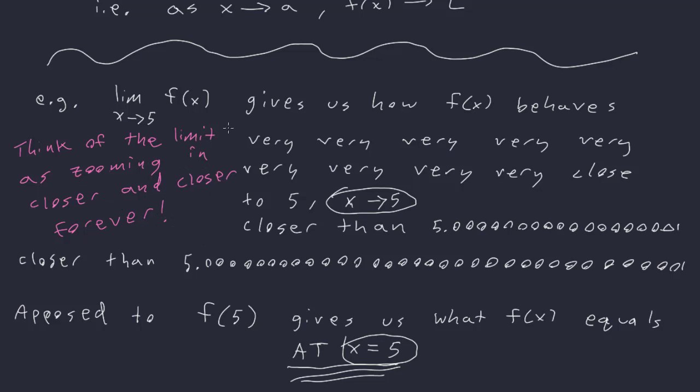All right, I think of the limit as zooming in closer and closer forever. Now, this may seem kind of odd because you can't physically zoom in forever. And that's what a lot of this module, a lot of this chapter, if you want to think of it that way, is about. We can't just continue plugging in values closer and closer.